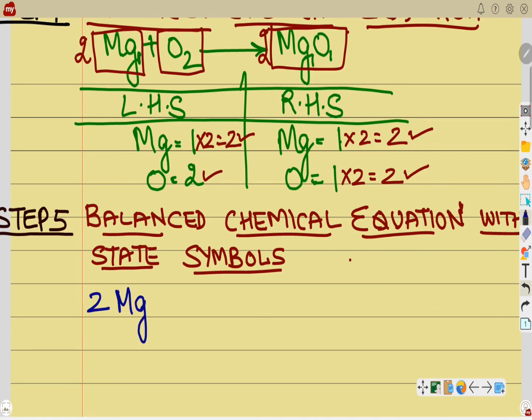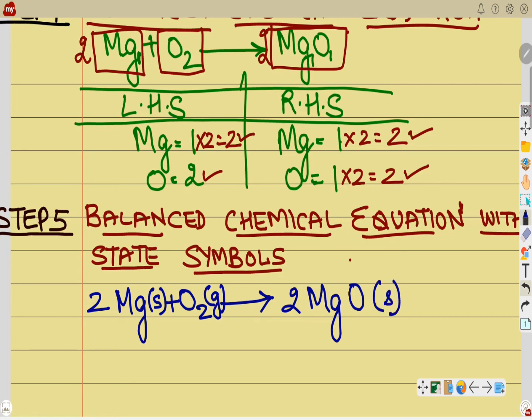It was like this: 2Mg plus O2 gives 2MgO. Now, you know very well that magnesium is found in solid state, so what will you write for its symbol? Small s in capital, in the bracket, sorry. Then oxygen is in the form of gas and magnesium oxide is also solid, so you will write S.